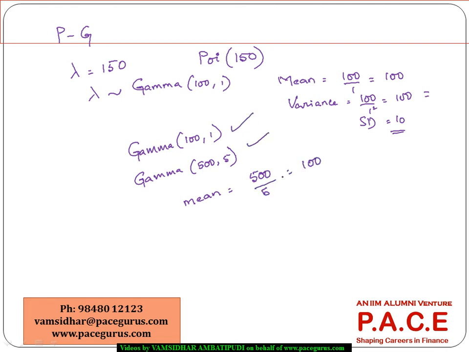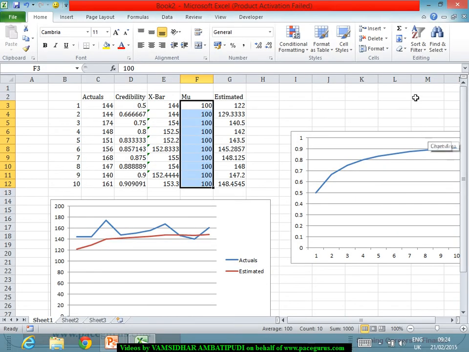So both this as well as this will have the same mean, but variance wise, you see it is 500 by 5 squared. It's around 20, and standard deviation is somewhere around 4.5, the square root of 20, which is much lesser than this. So how does our estimate come out in that case? That is what I wanted to see.